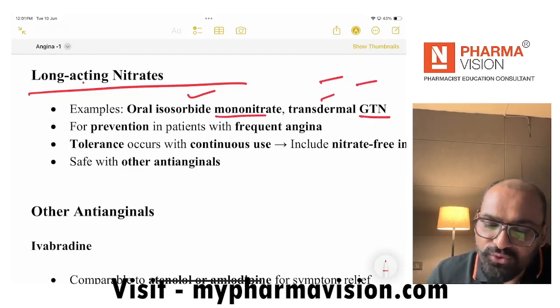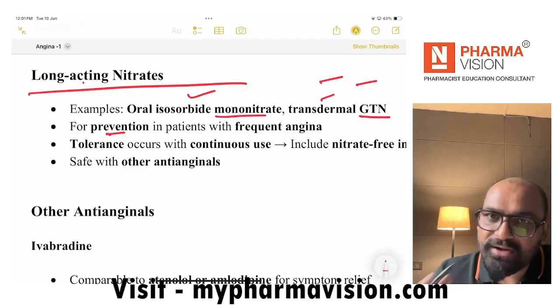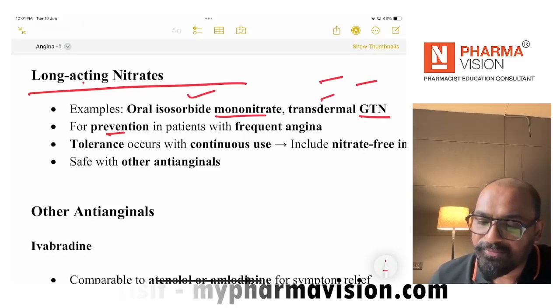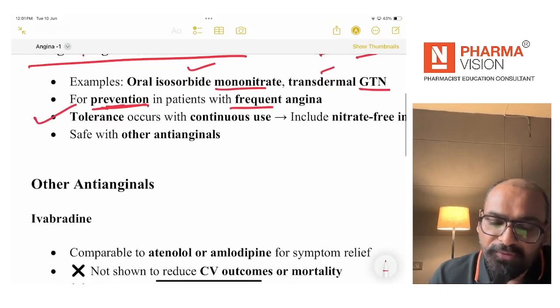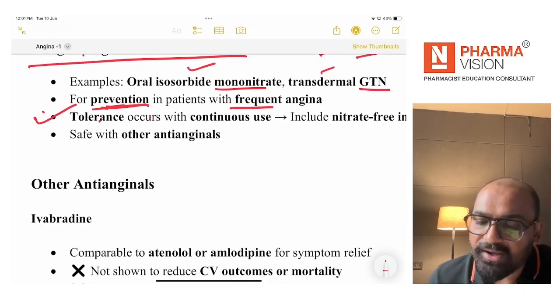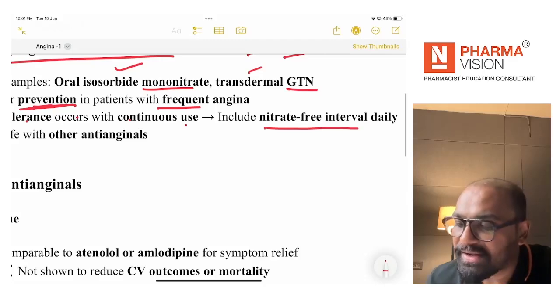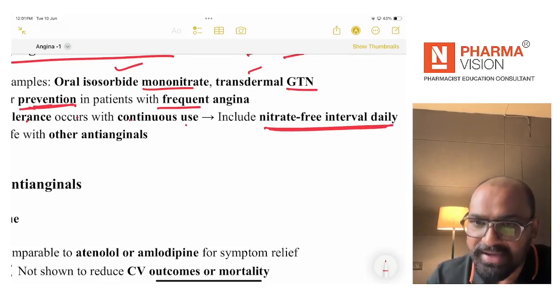Long-acting nitrates are used for prevention and short-acting nitrates are used for acute management. This is a very important point for nitrates. Tolerance occurs with continuous use. That's why we have to maintain a nitrate-free interval on a daily basis.